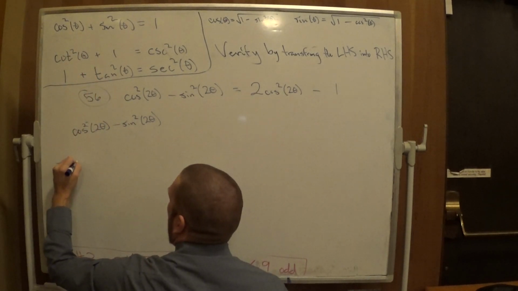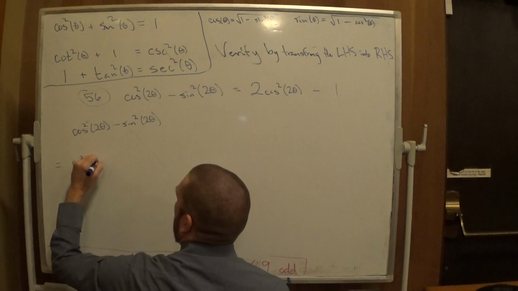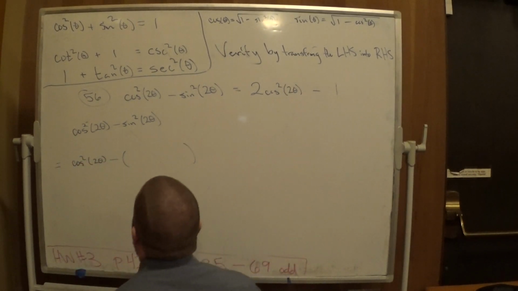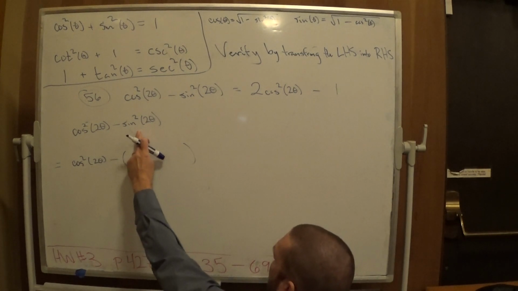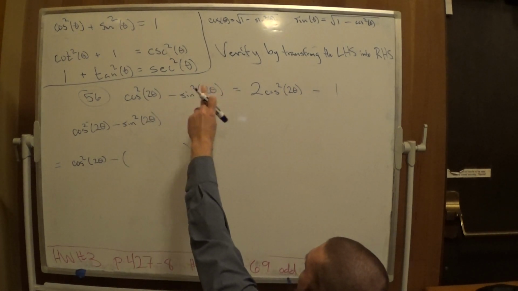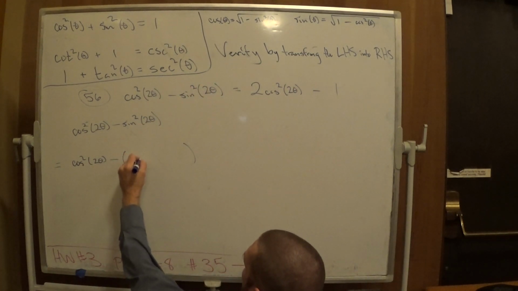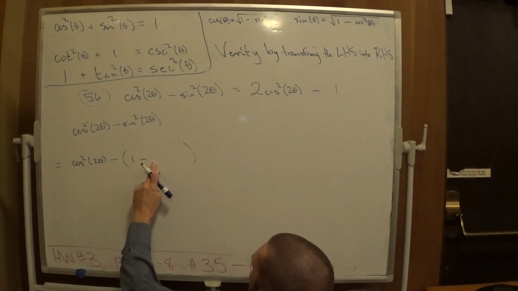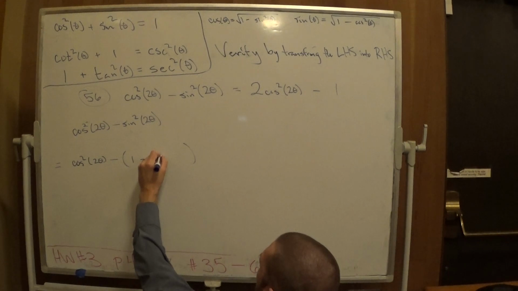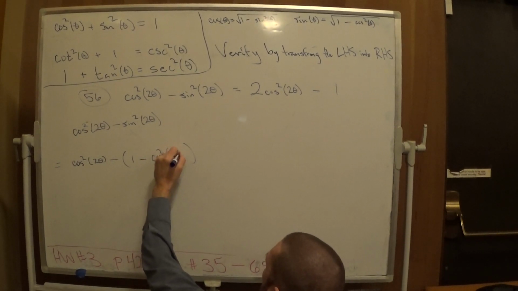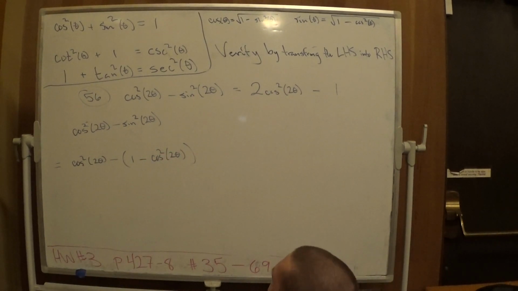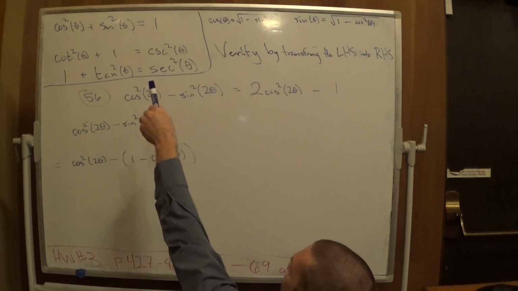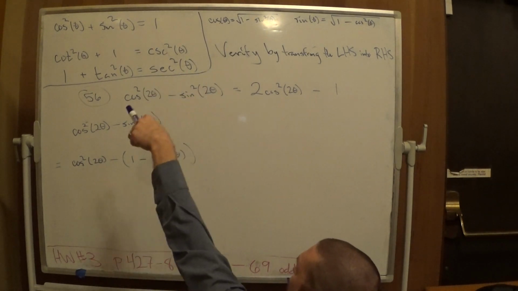So I could say, okay, here, I'm just going to minus stuff. That stuff is 1 minus sine squared. Ah, geez. Cosine squared, sorry. Everybody with me? Yeah. Check me. Is that right? Yeah. That thing is equal to 1 minus cosine squared.